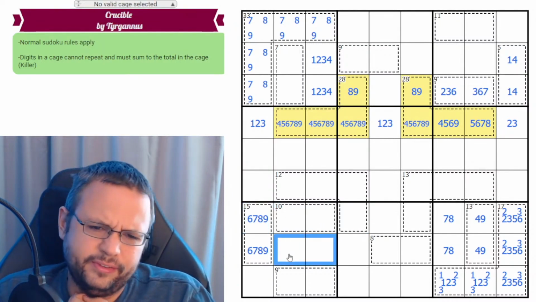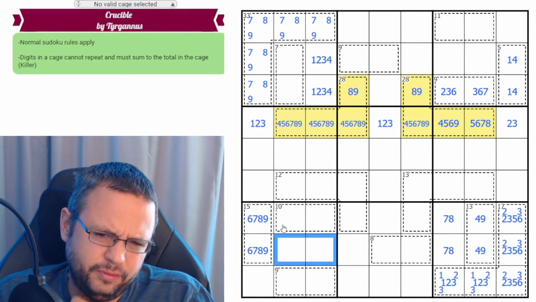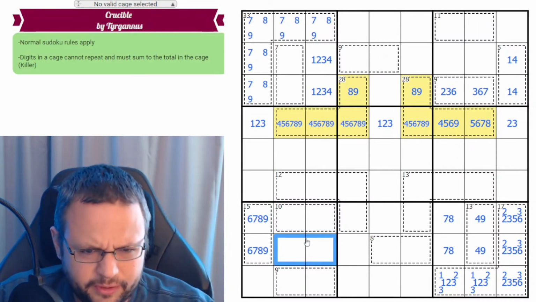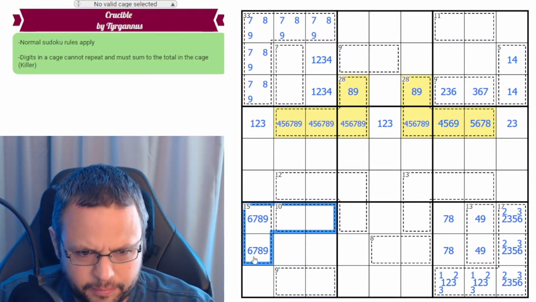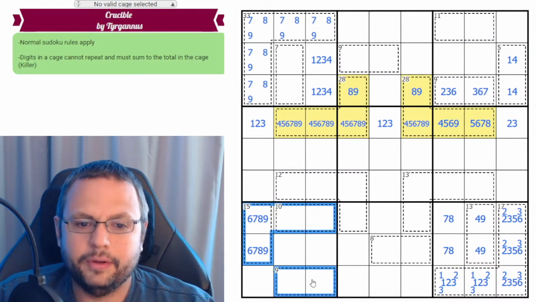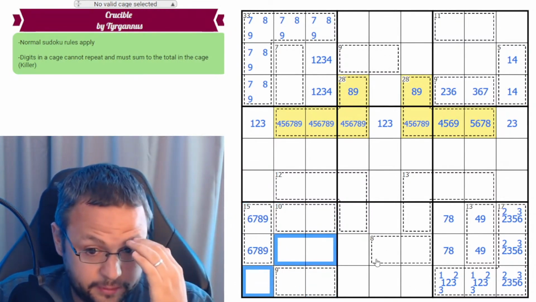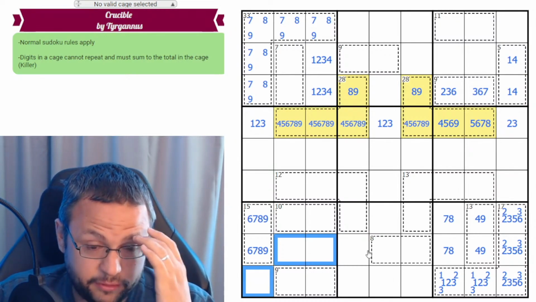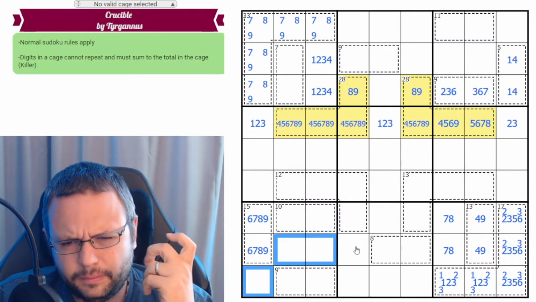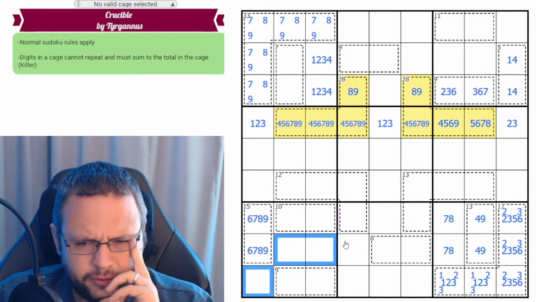Okay, so what are these 3 cells? These 3 cells sum to... Oh, do these 3 cells really sum to 6? Did I miss this whole time? No. 34 is the sum of these, so these sum to 11. That's okay. I fear not very interesting.